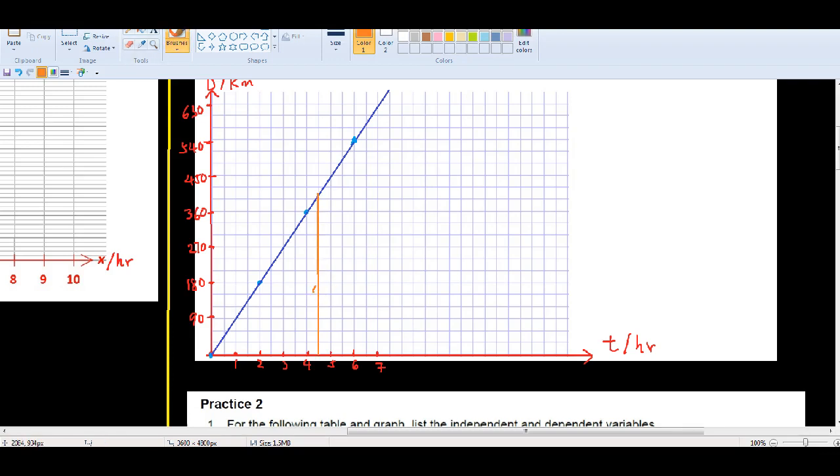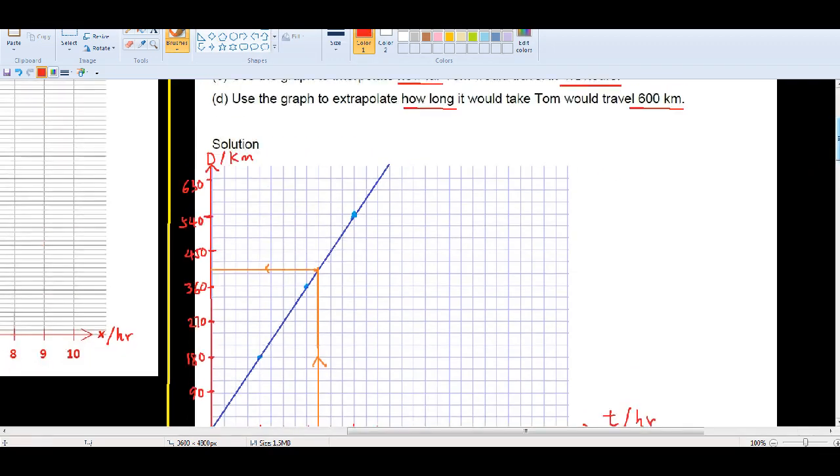Right, so okay, that's 4.5, and then you go all the way towards the y-axis. Okay, sorry, it's a bit tricky drawing it on the computer. So it's not exactly 390, right? It's a bit more than that, so possibly you have to guess. So it cannot be exact for the graph, but that's okay because you are using the graph.